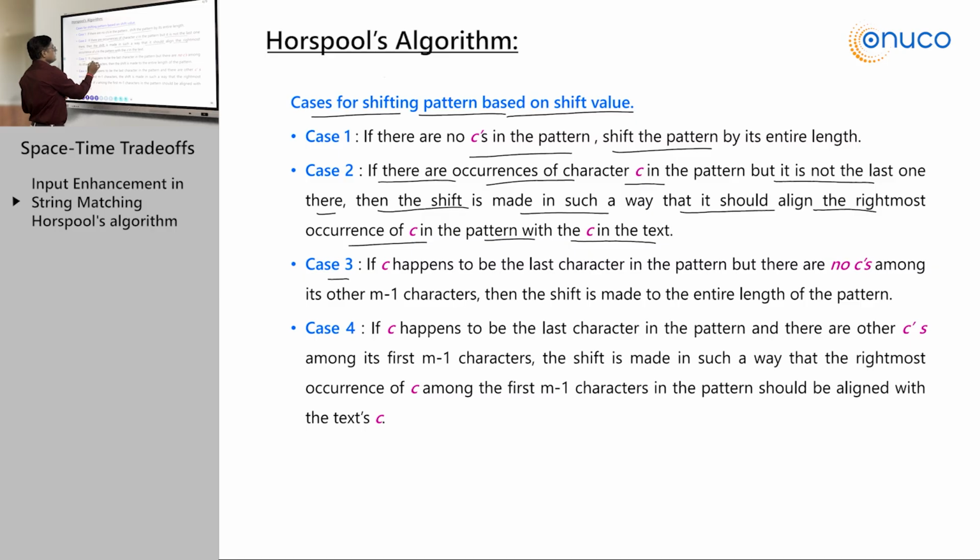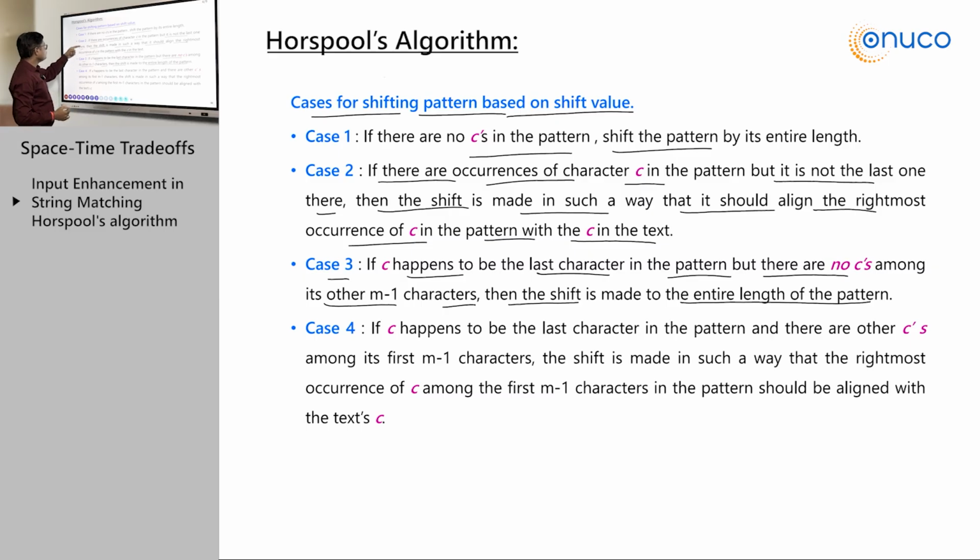Case 3: if the character happens to be the last character in the pattern, but there is no such character among its other m-1 characters, then the shift is made to be the entire length of the pattern. So case 3 is a little bit correlated with case 1 and very similar.